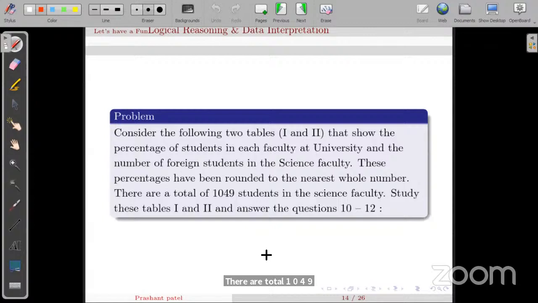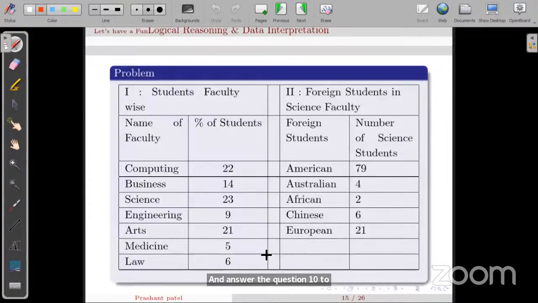Study tables 1 and 2 and answer questions 10 to 12. So this is the table given to you. Students faculty-wise: the faculties in the university or college are computing, business, science, engineering, art, medicine, law. And this is the percentage of students.